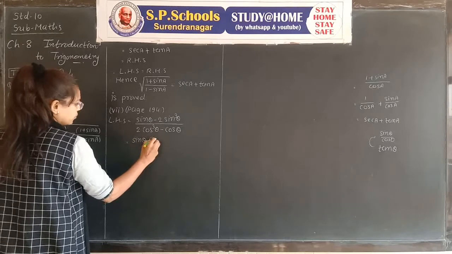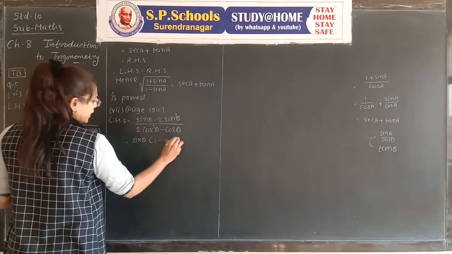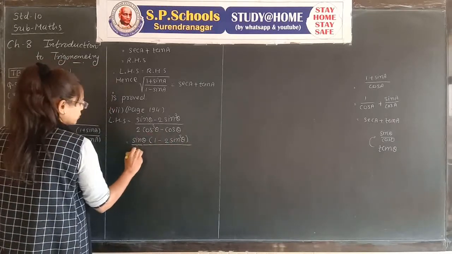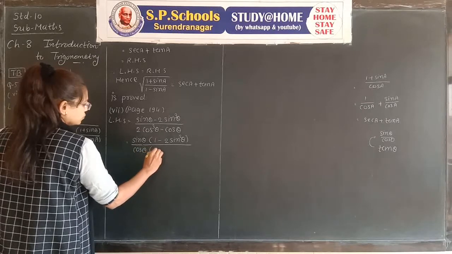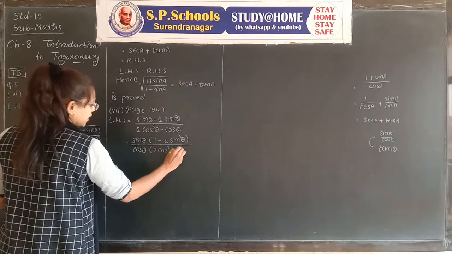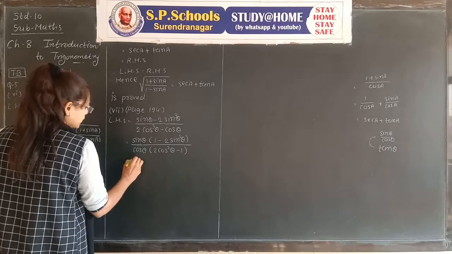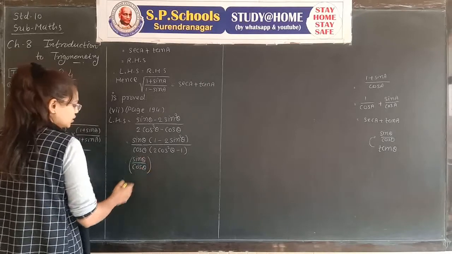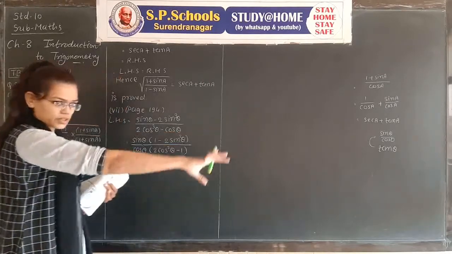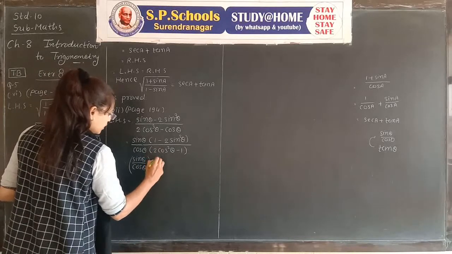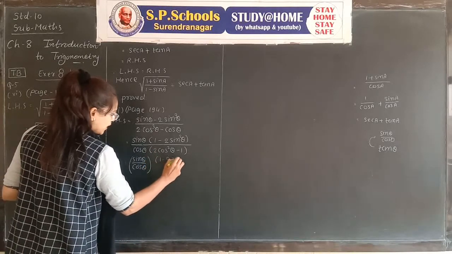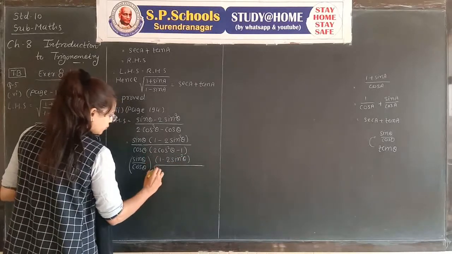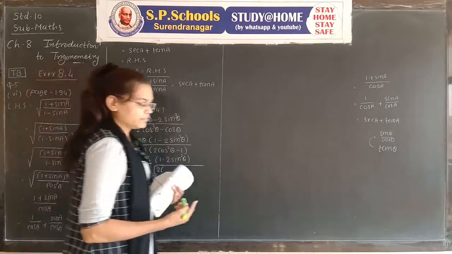Sin theta into (1 minus 2 sin square theta) upon, from the denominator, cos theta is common, into bracket 2 cos square theta minus 1. Now as we know, sin theta upon cos theta is equal to tan theta. Put it aside, whichever we require. Now 1 minus 2 sin square theta as it is upon cos theta into bracket 2 as it is, convert cos square in the form of sin square.